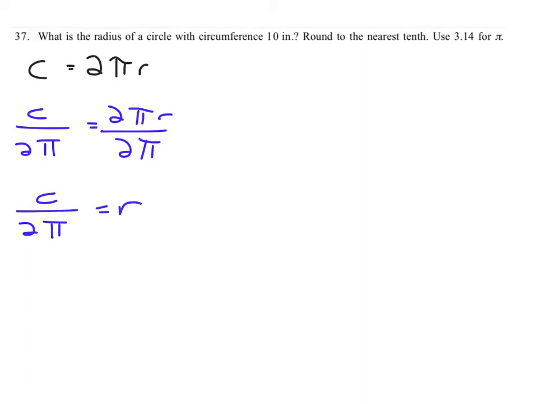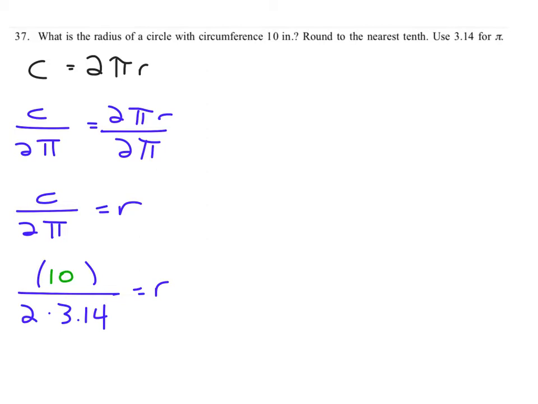Now that we've got that, they say what's the radius, and the circumference is 10, and we're going to use 3.14 for pi. So we will say then 10 for the circumference, and 2 times 3.14.